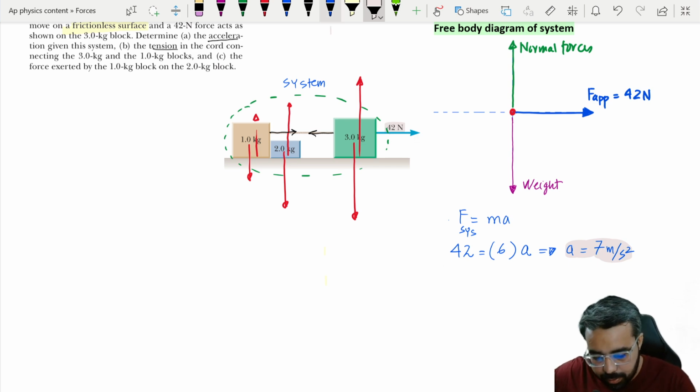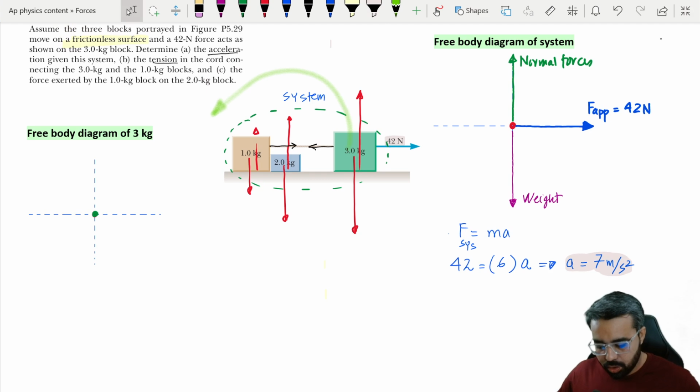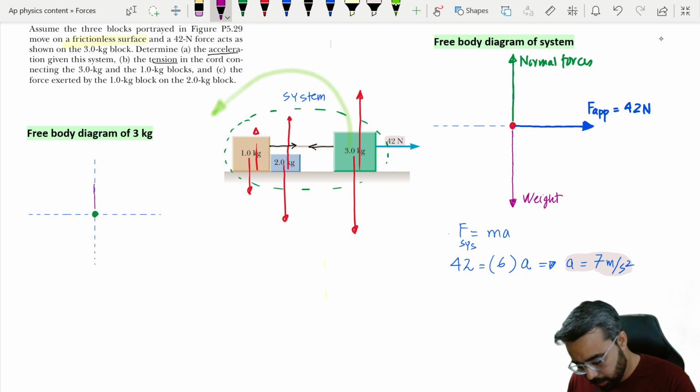Now let's talk about the second question, the tension in the cord that is connecting the 1 kg and 2 kg blocks. For this I will draw once again the free body diagram, but of this mass. For this 3 kilogram block, we see there are four forces exerted on it.